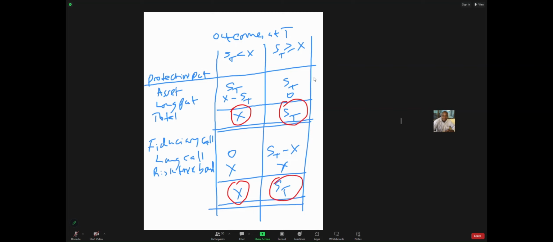And that is a very basic way of attaining put call parity. Any question?